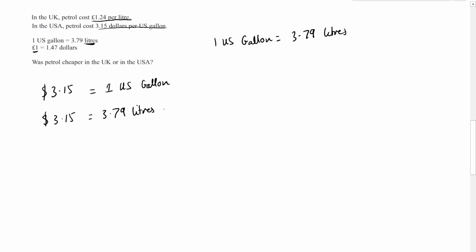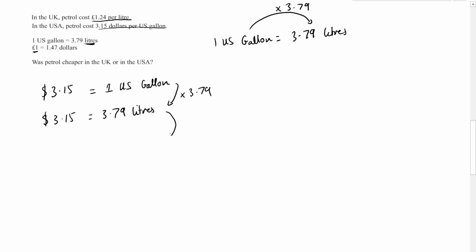And this is kind of an instinctual thing that we've done to say that these two things are equal. But if you wanted to be explicit with the exchange rate, you could say that in order to get from US gallons to litres, I'll do this on the top to stay consistent, I'm just going to multiply by 3.79, which is exactly what I've done here. So this is now $3.15 per 3.79 litres, but we want it to be per 1 litre.